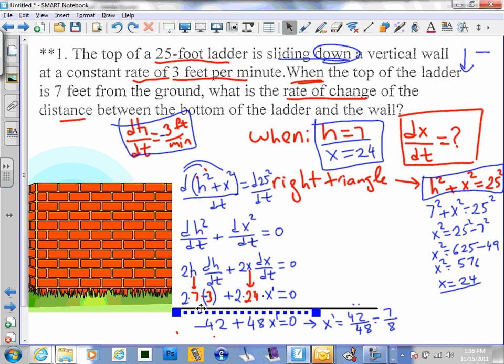Change in length per time. What is our length in? It is in feet. So let's put that here: 7 over 8 feet per, what's the time in? It is in minutes. Per minute. Alright, we are done.